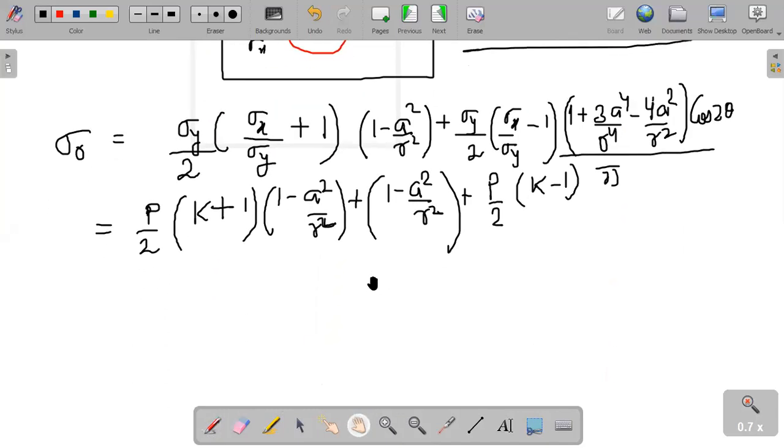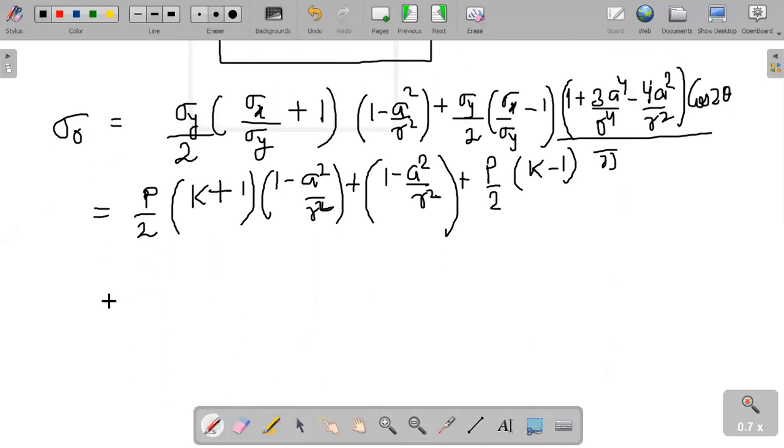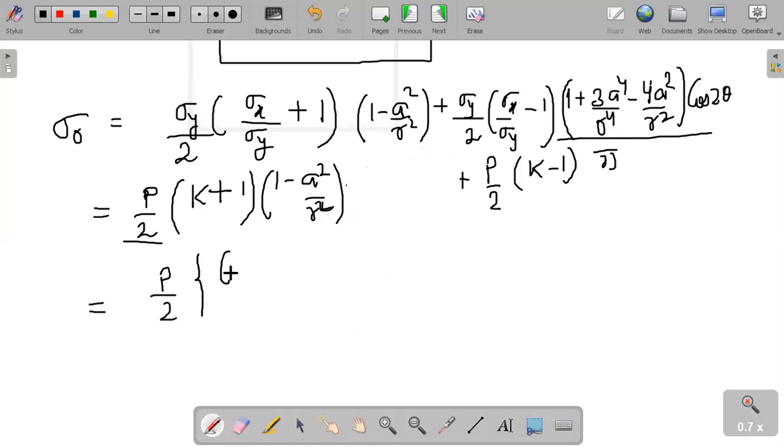Now you can take out p by 2 common. Take out p by 2 common. What will you get?